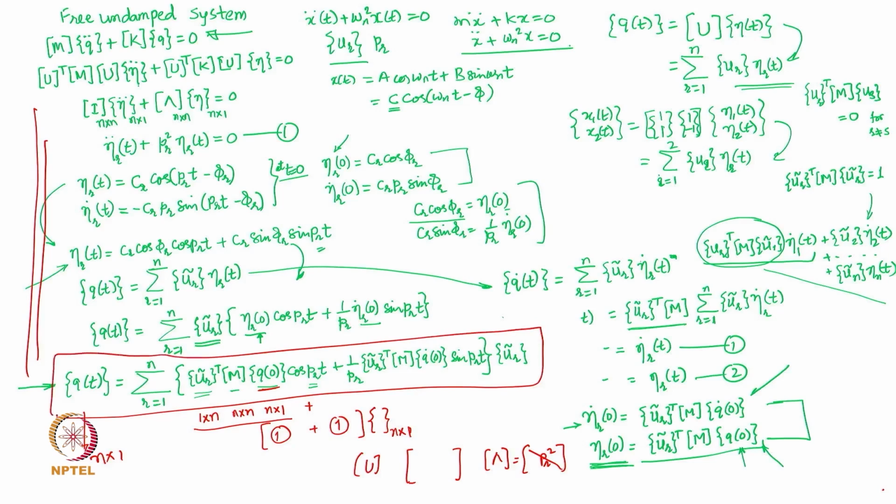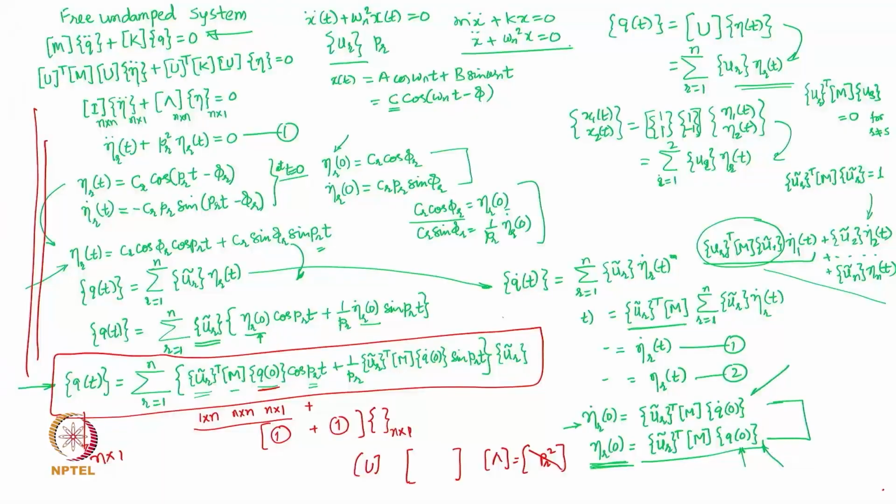This is your response equation, and I would strongly suggest that you take a small 2 degree of freedom system example, solve it the way we have solved conventionally, assuming the solution, substituting it in those equations of motion, and getting slightly long expressions for each of them, and then solve it through this approach of modal analysis, and compare your results, right.